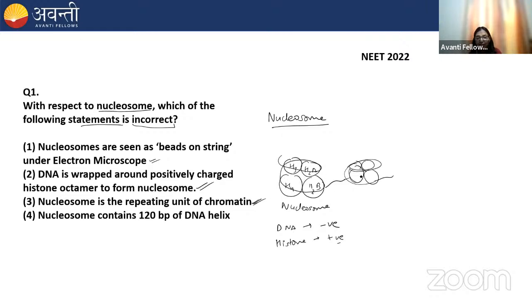Yes, this is the chromatin, and these are the nucleosomes. So nucleosome is the repeating unit of chromatin. Yes, true. Nucleosome contains 120 base pairs of DNA helix? No, they contain 200 base pairs of DNA helix. I told you this. So the incorrect statement with respect to nucleosome is number 4.